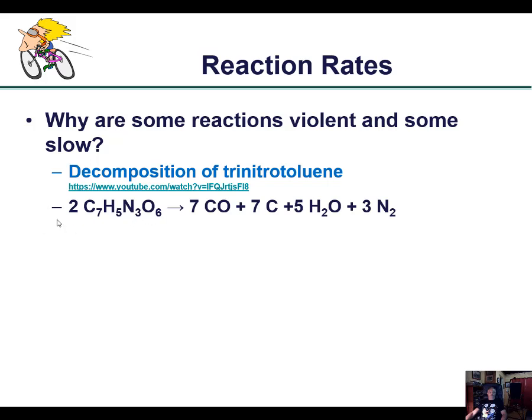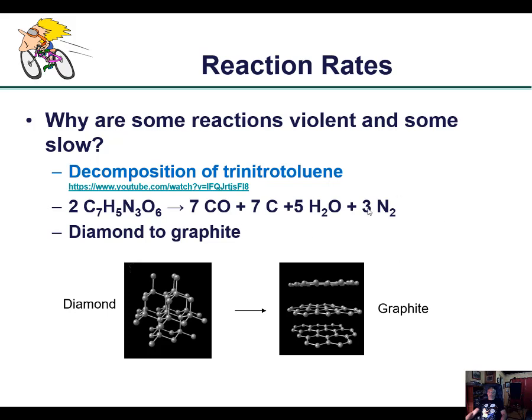I think it's 2,4,6 trinitrotoluene. If you take organic chemistry, you'll find out why it's called 2,4,6 trinitrotoluene. There are 3 nitro groups on it. But in any case, it decomposes to just a flurry of gases at high velocity, which is what causes the shock wave.